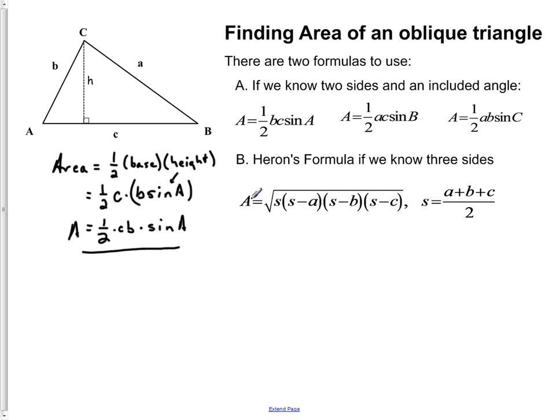Heron's formula goes like this. The area, if we have all three sides of a triangle, is equal to the square root of the product s, where s is what we call the semi-perimeter.